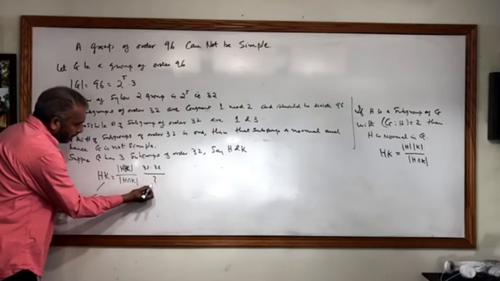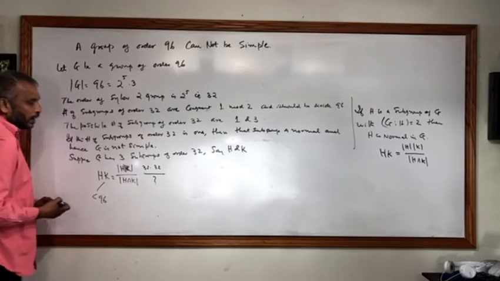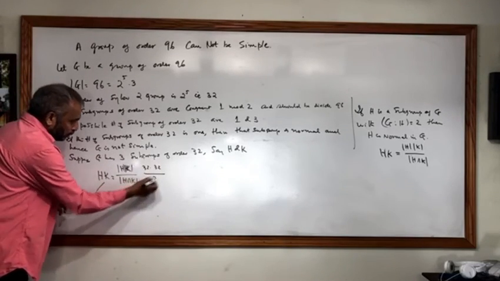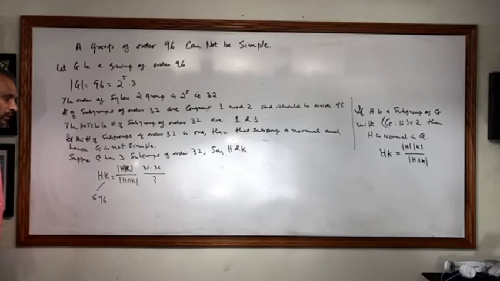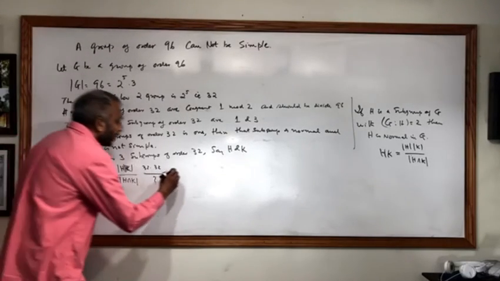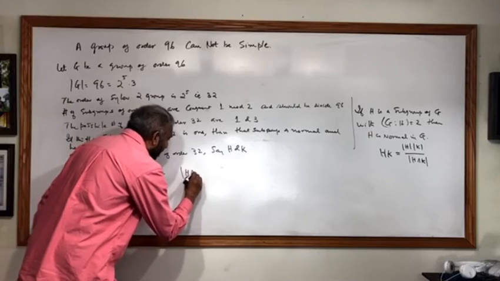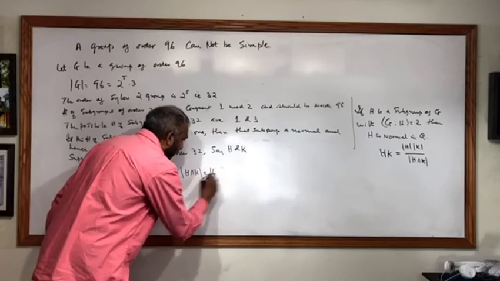When you compute this, it has to be less than or equal to 96. So the order of H intersection K has to be 16.